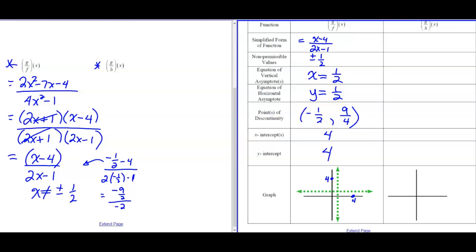So this asymptote was at positive 1/2. Negative 1/2 would be here, 9/4. That's, just a sec. Negative 1/2. So this is going to go like this. Yeah, the -1/2 is the x stuff.